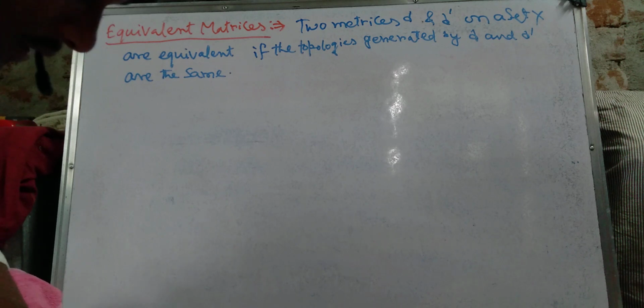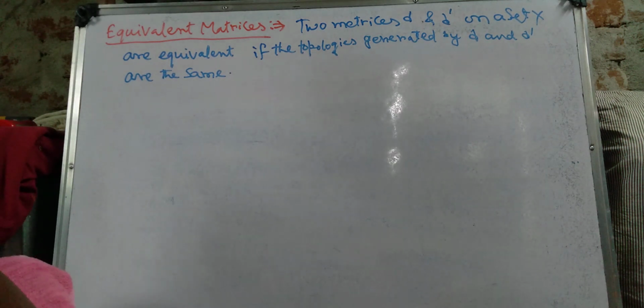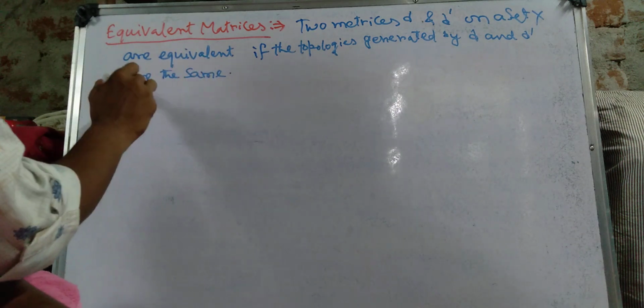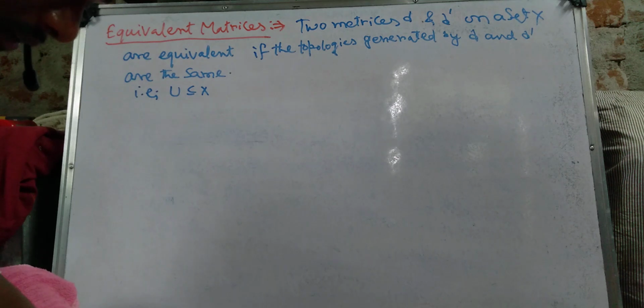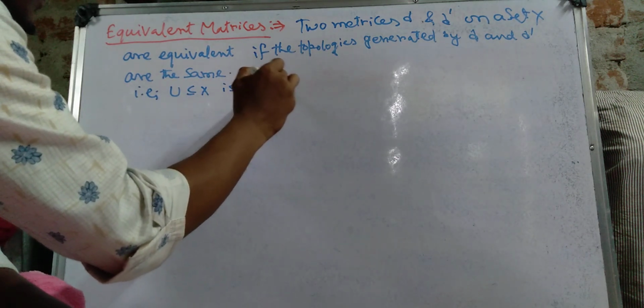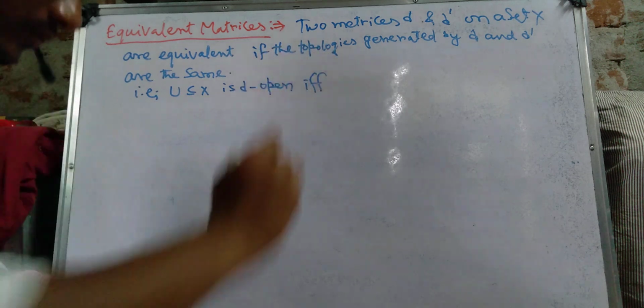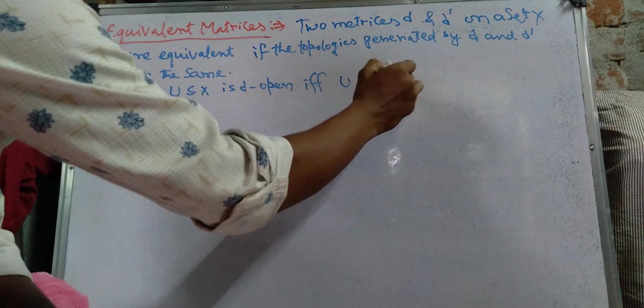This is equivalent to saying that U subset of X is d-open if and only if U is d dash open.